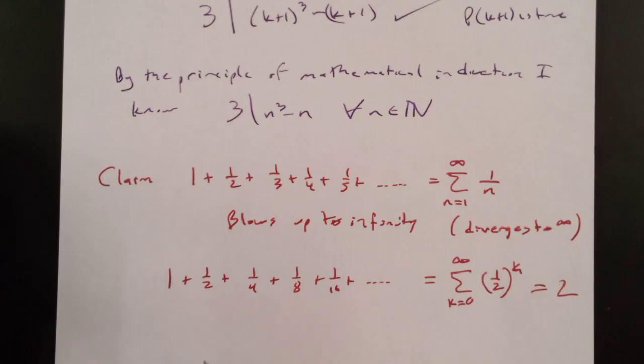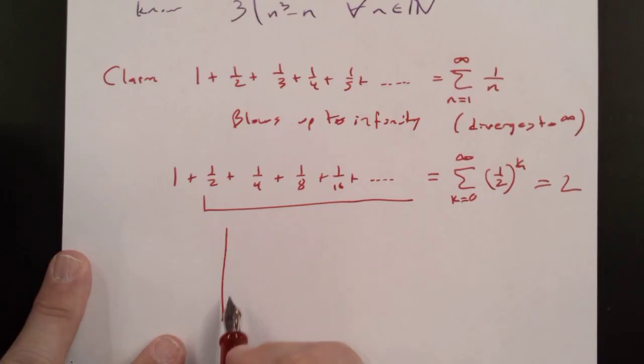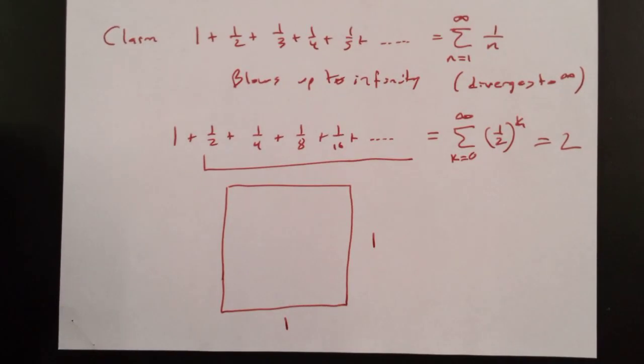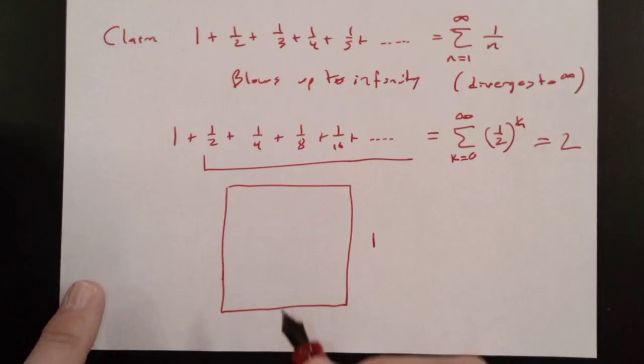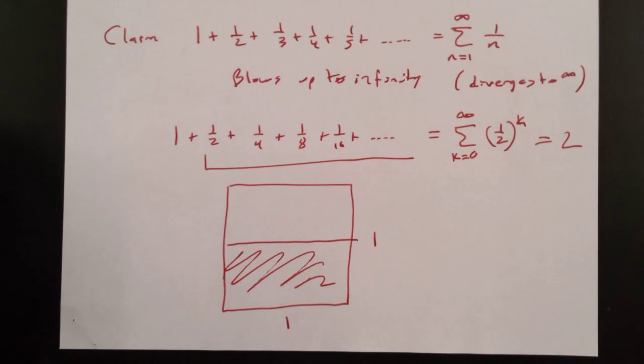Let's ignore the 1 for the moment. Let's just look at this part, okay? Here is a square. It is 1 unit by 1 unit. Yes? Cut it in half. Just draw a line down the middle and shade in one side. What is the area of the shaded side?